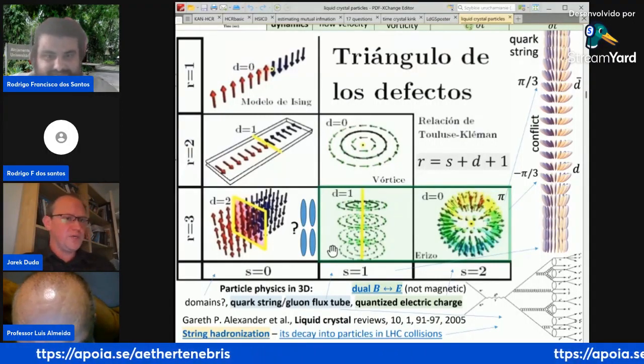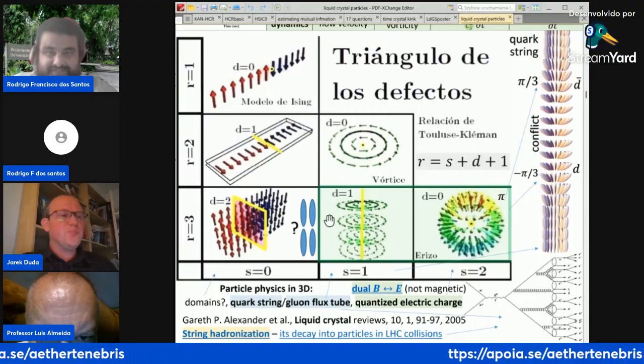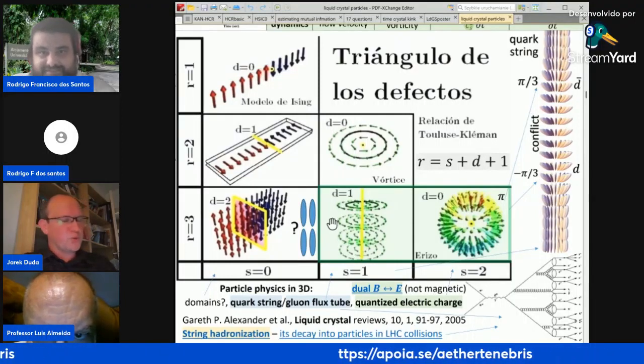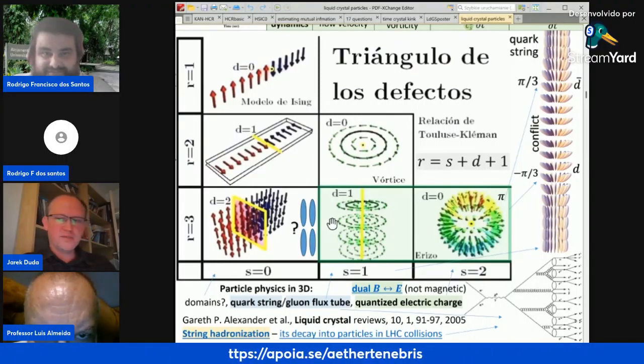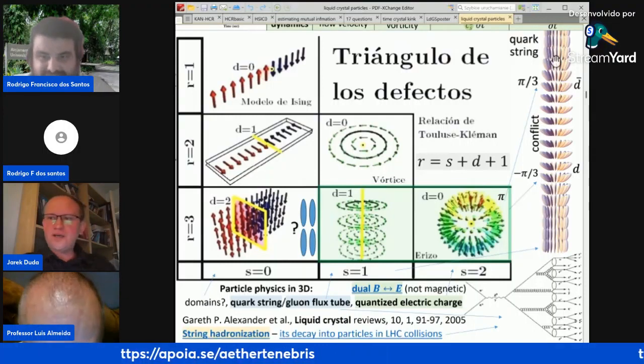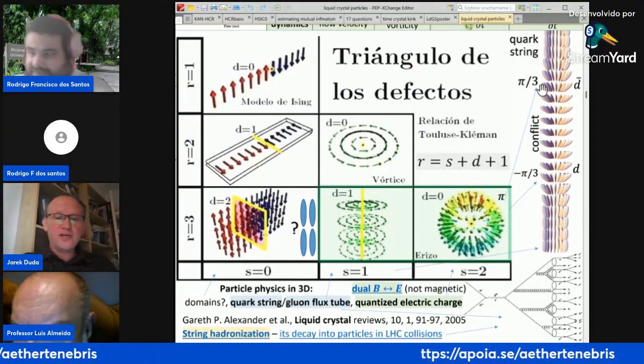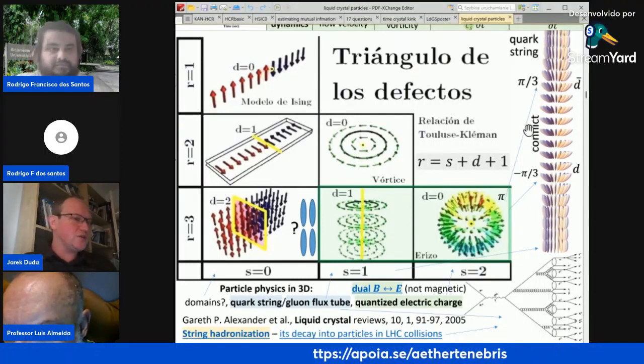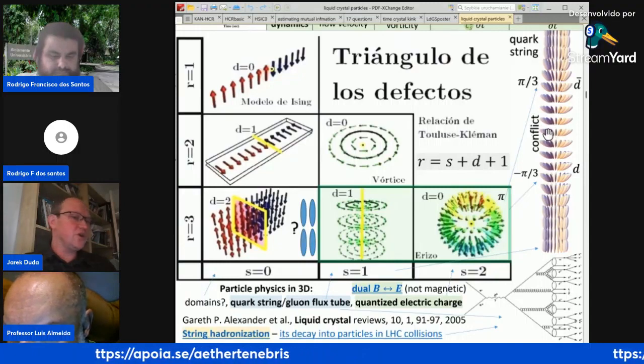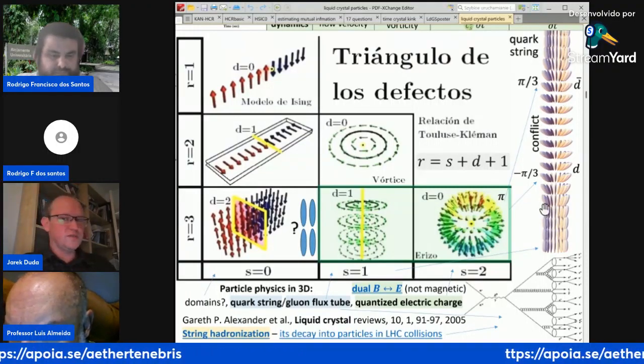And it turns out they are required, for example, in quantum chromodynamics for the quark strings. You have a quark-antiquark pair, like here, and they are connected with some one-dimensional structure called quark strings, having large energy, growing linearly with distance.